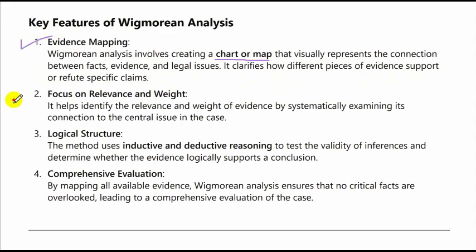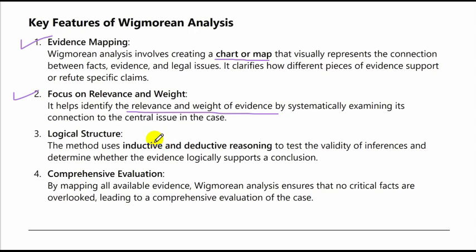Focus on relevance and weight. It helps identify the relevance and weight of evidence by systematically examining its connection to the central issue in the case. So, one is evidence mapping, second is focus on relevance and weight of the evidence. Third, logical structure.